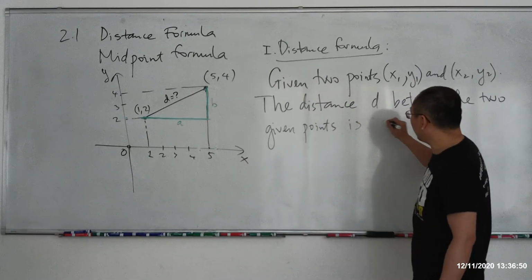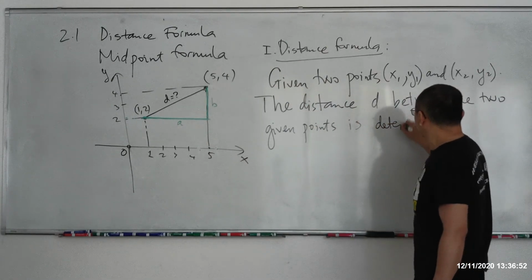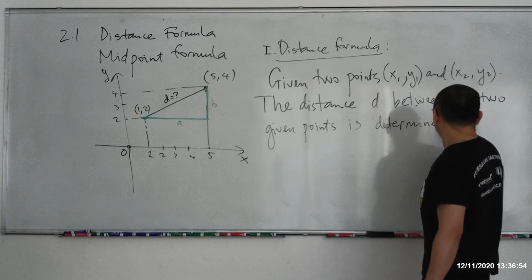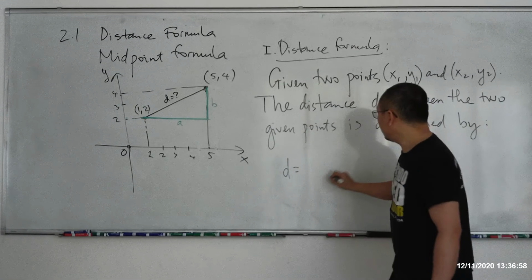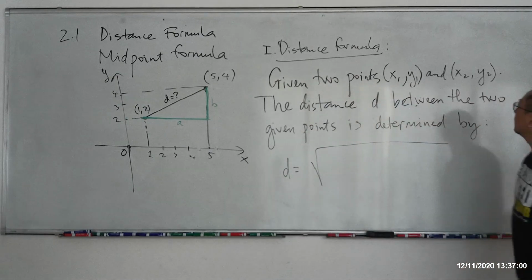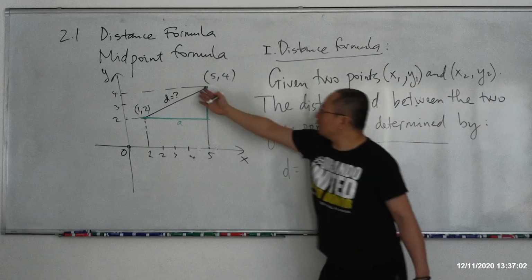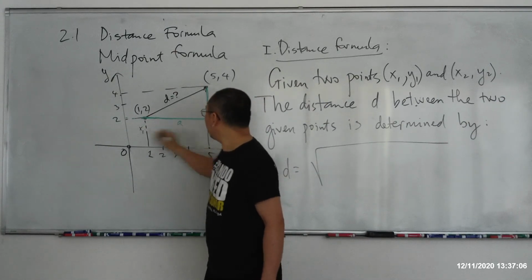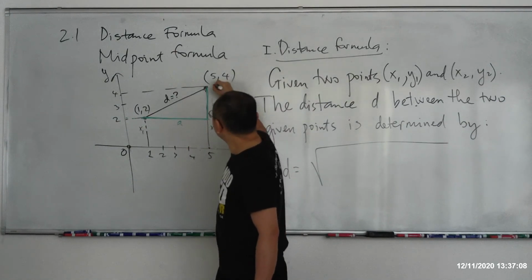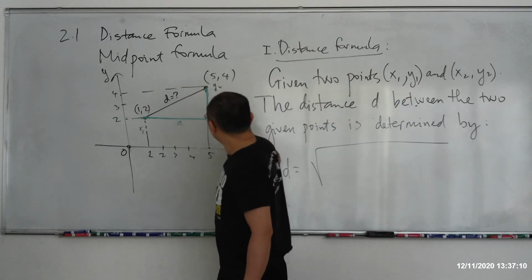determined or calculated by d equal to the square root, right? And this is really d right here. This point right here is (x1, y1). This is x1 right here. This is x2 right here. This is y2 right here. This is y1 right there, right?